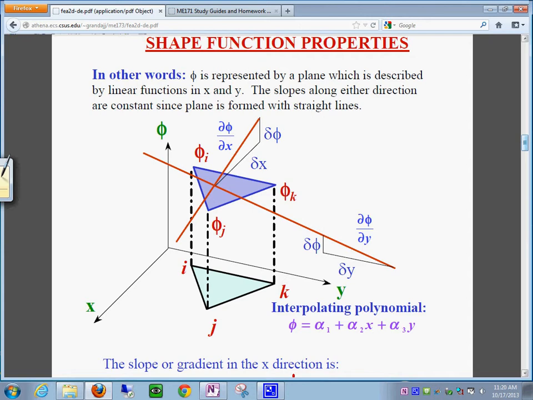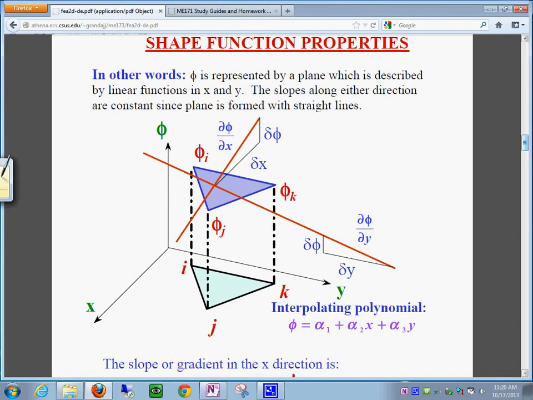But we also have a situation where the plane, the solution, forms an angle with the y-axis. So you have a slope along the x-axis and along the y-axis.